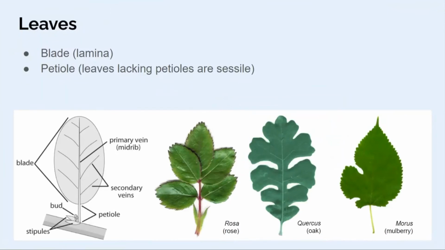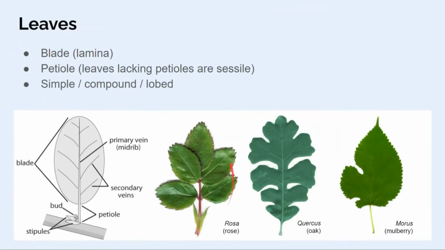All right, so blade, technically the lamina here, same thing as the blade. Petiole, and then depending on the leaf, can be simple or compound. A compound leaf is shown here for the rose plant.